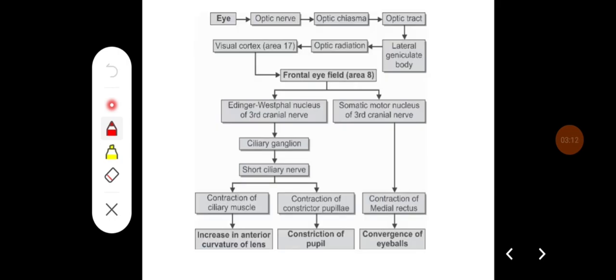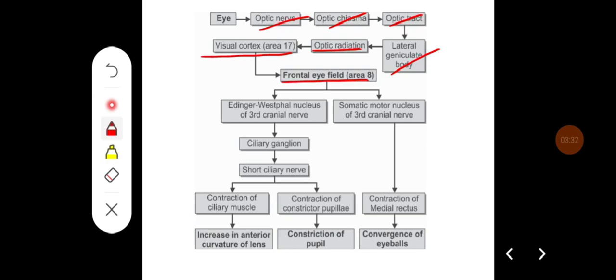So when a visual response is seen in the eye, it passes through the optic nerve, optic chiasma, optic tract, then enters the lateral geniculate body, optic radiation, then goes to the visual cortex area number 17. From there it goes to the frontal eye field area.